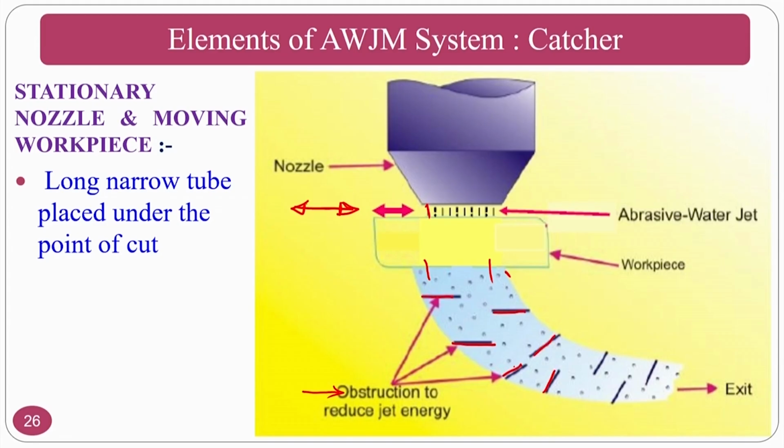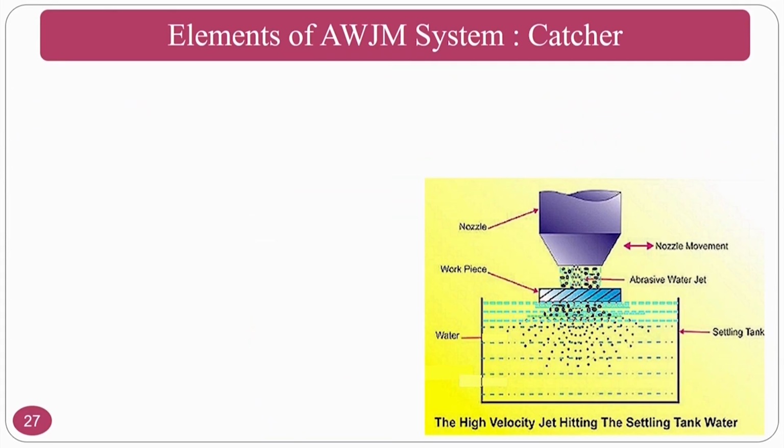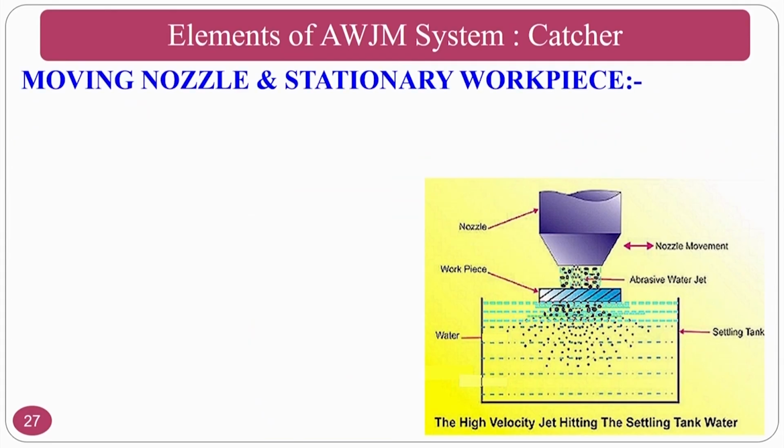These obstructions will obstruct the velocity of the water and the jet also, and it will exit. This is one way of catcher, and normally what you can see in most abrasive water jet systems is a moving nozzle and stationary workpiece. The workpiece is stationary and the nozzle will move.